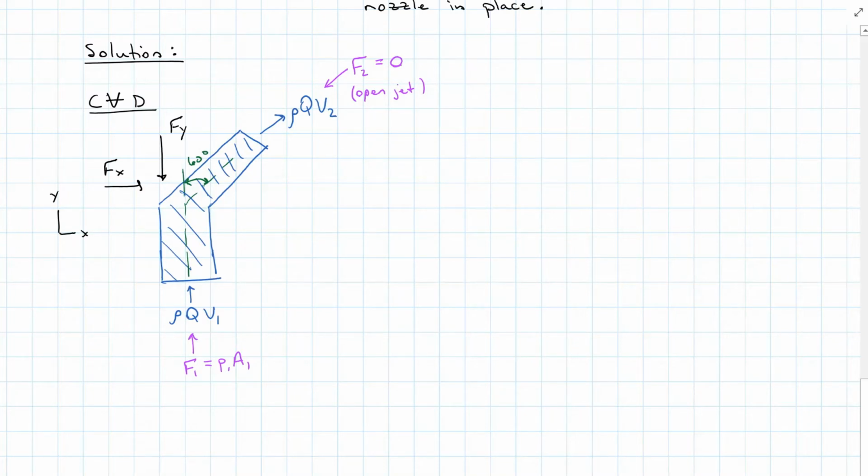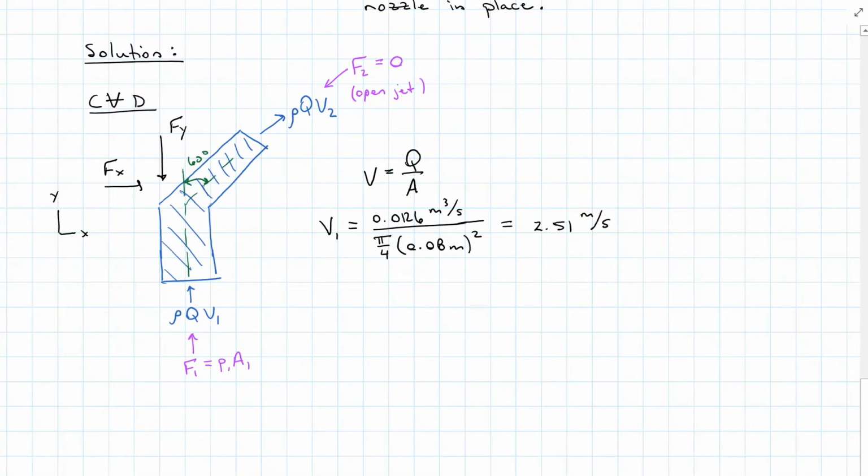I need to calculate my incoming and outgoing velocities. So velocity is equal to flow divided by area. So velocity 1 is going to be my flow rate of 0.0126 meters cubed per second all over that area, which is pi over 4 times the diameter squared, and my velocity 1 is incoming at 2.51 meters per second.